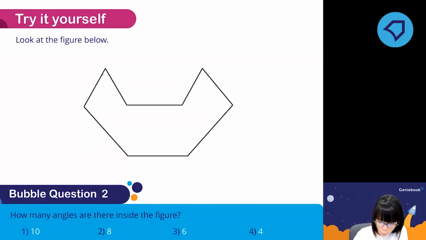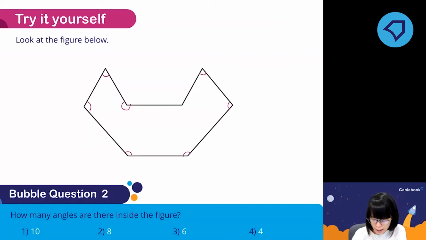We have 1, 2, 3, 4, 5, 6. Is there anything else I'm missing? How many more am I missing? Two more. Excellent job. We have this one because this is a straight line.